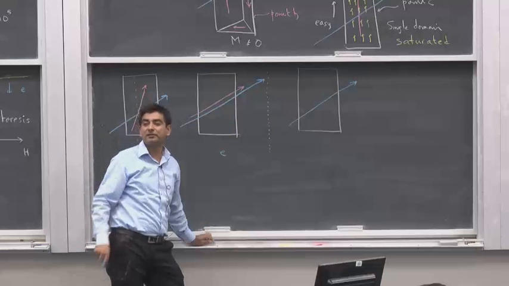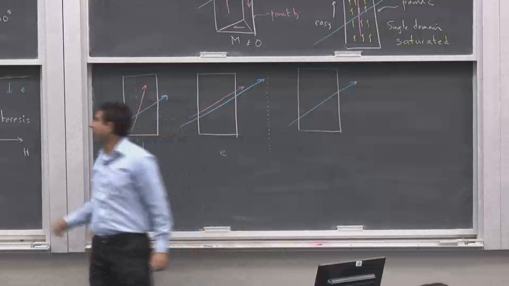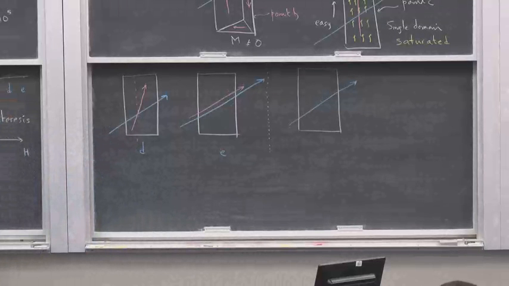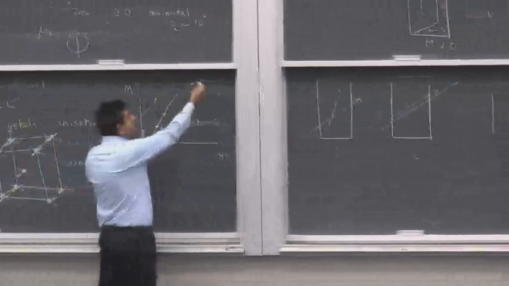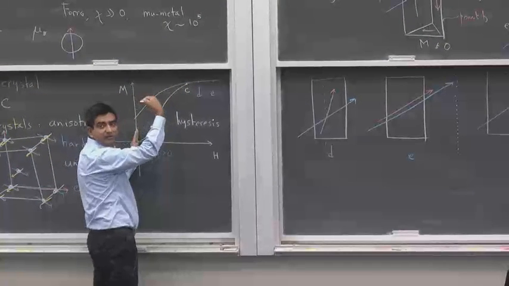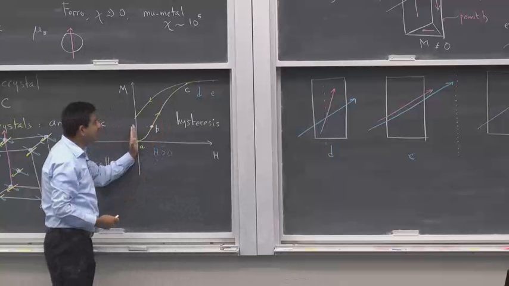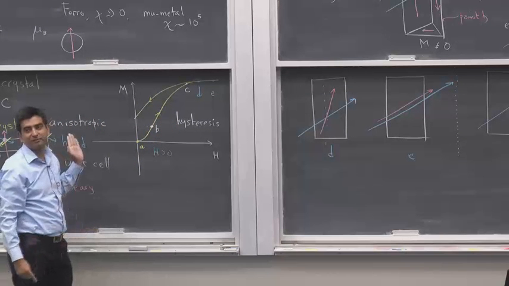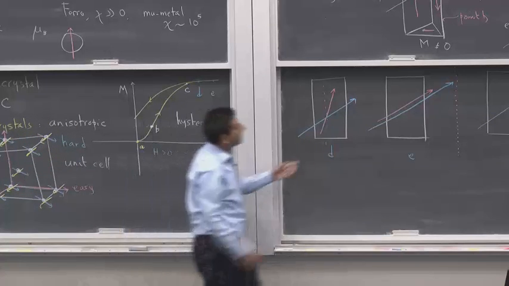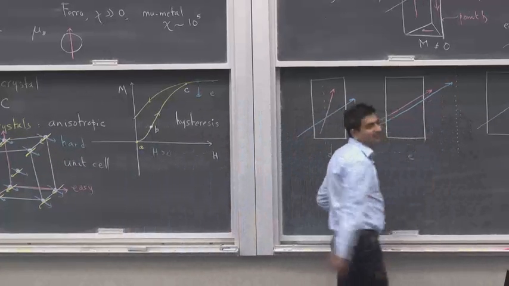H is positive here, which means I've applied the external field in a certain direction. Now I'm just lowering the magnitude of this field. Alright? I'm not reversing the direction. I can reverse the direction if we go into this quadrant. Now I'm just lowering this field back again.